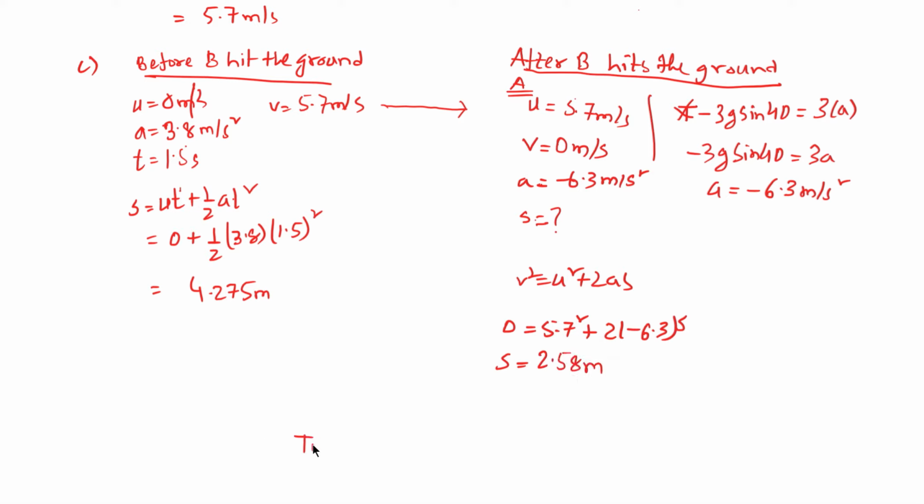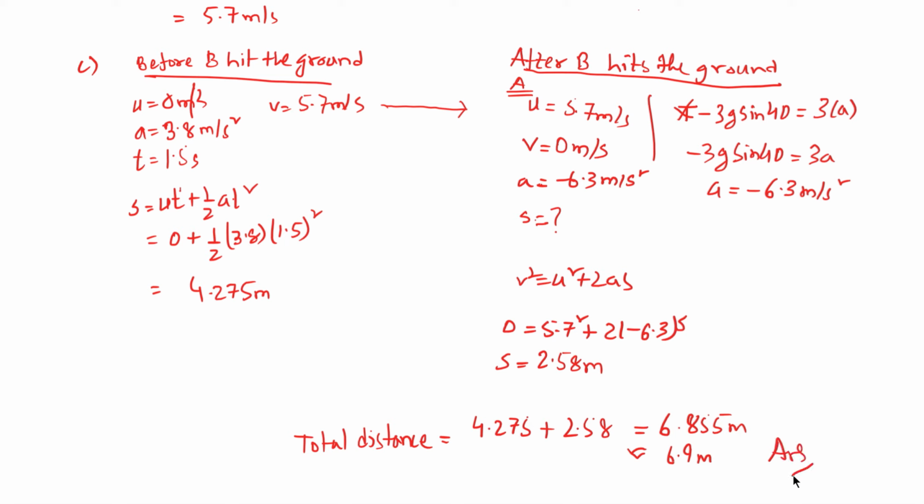So the total distance will be equal to 4.275 plus 2.58 meters, which will be 6.855 meters, or approximately 6.9 meters. That is your answer.